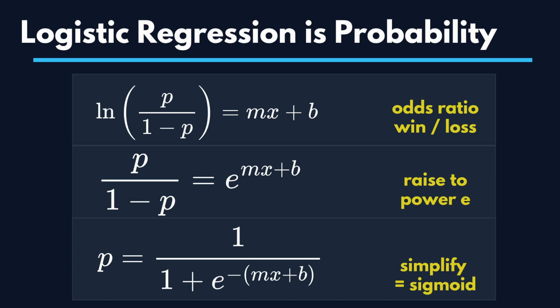This gives us a number between 0 and 1, which is what we need to make a prediction. 0 means no chance at all, and 1 is 100%.